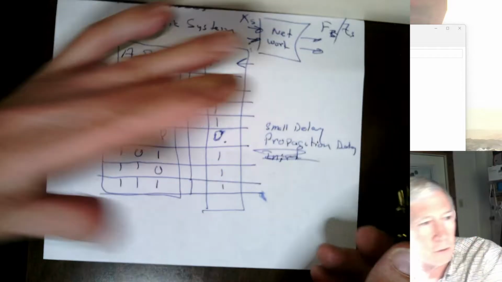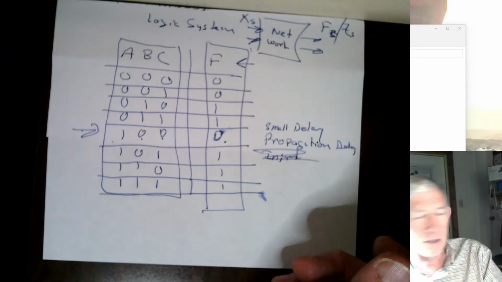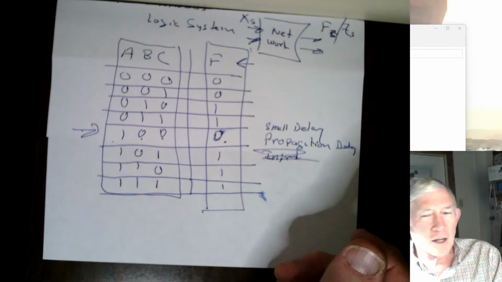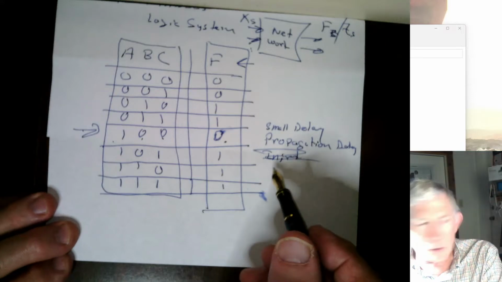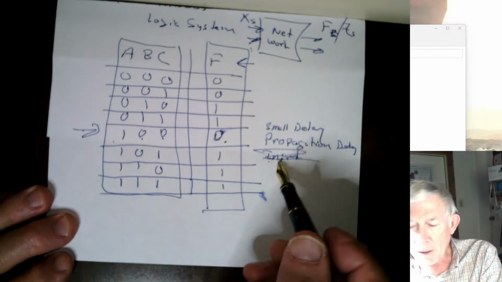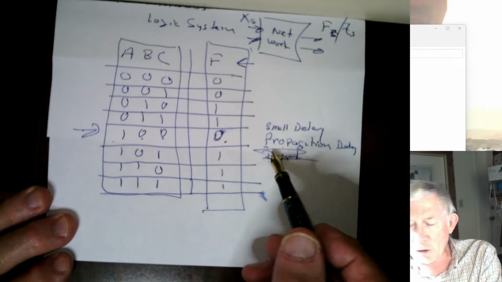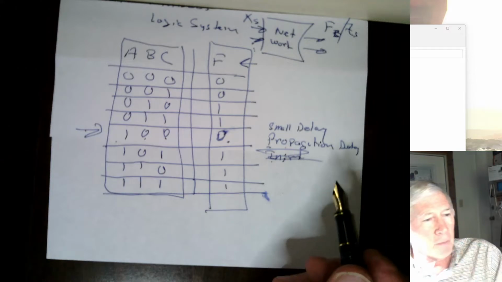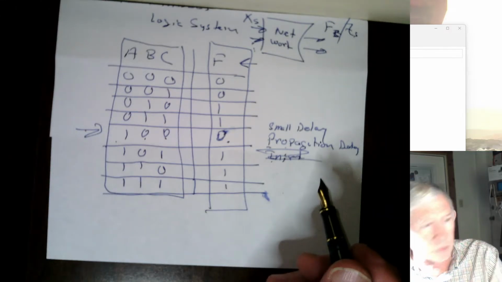I can't spell inertial, not a very good speller. Anyway, that's the inertial delay. This is the term that we use in Verilog, but a more generic term is propagation delay, and that's the one I usually use in this course. So we'll call these propagation delays or inertial delays.